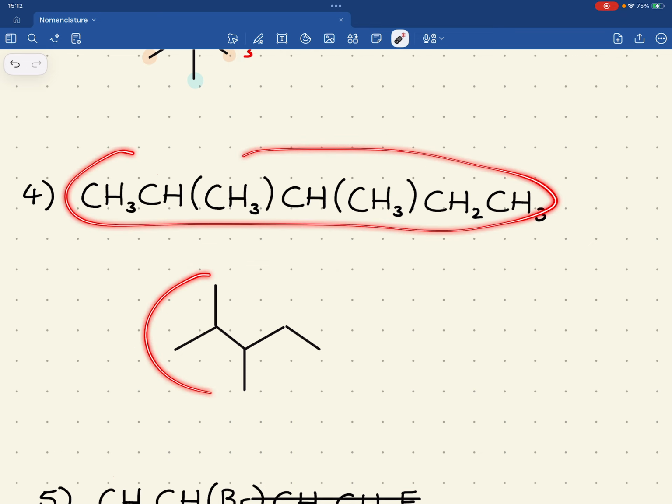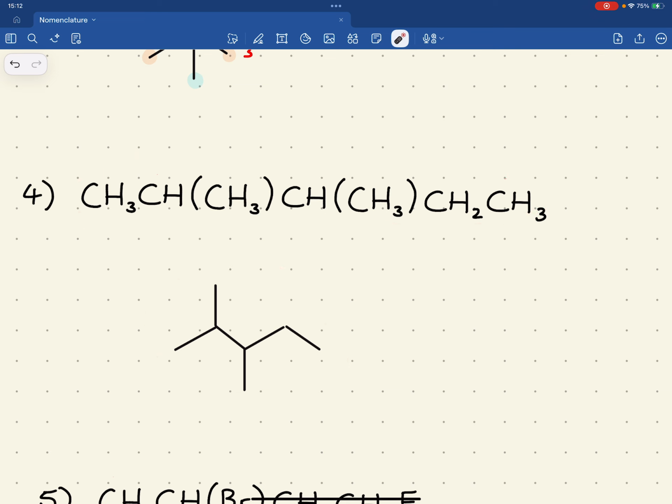That's how it's written skeletally. So again, let's number the longest chain. And again, in this case, we want to give these side chains the lowest number possible. So we need to number it from left to right. So this is 1, 2, 3, 4, and 5.